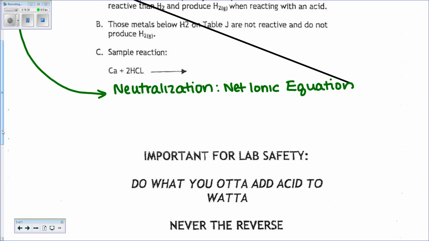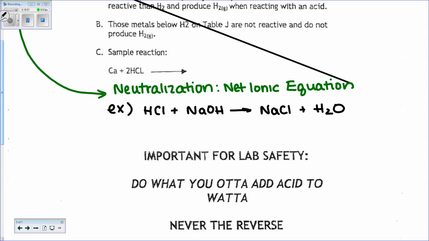So neutralization, again, is acid plus base gives me a salt and water. We have the example that we just did above, but let's rewrite it. I had HCl plus NaOH. I formed NaCl and H2O. Now here's what I want to do. I want to look at all the pieces, the things that they will break into.